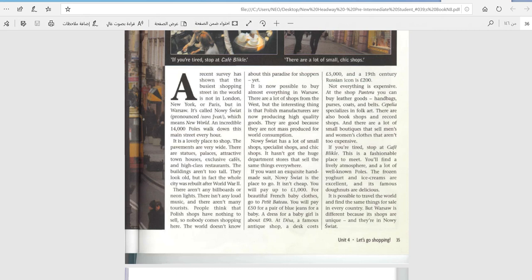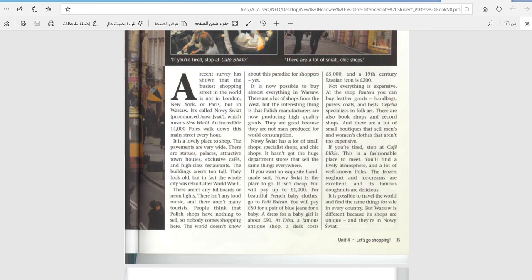There are a lot of shops from the west. But the interesting thing is that Polish manufacturers are now producing high quality goods. They are good because they are not mass produced for world consumption.